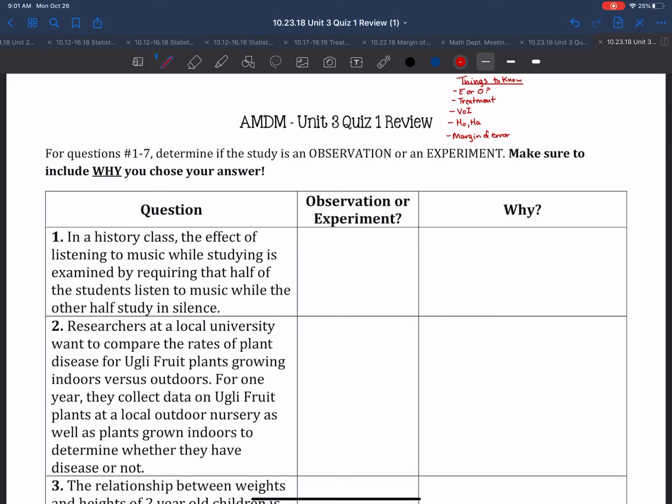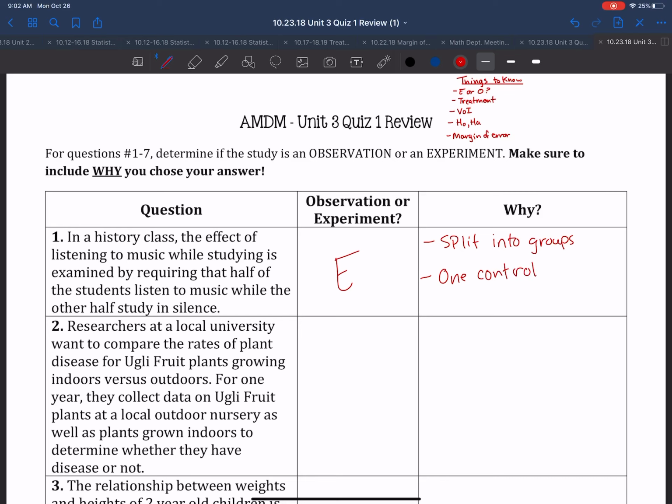Well, we have students broken up into groups. So half of them are listening to music and the other half are in silence. So since we're breaking them up into groups, this is going to be experimental. And our why, well, just explain why. We have split into groups. One of them is a control group.